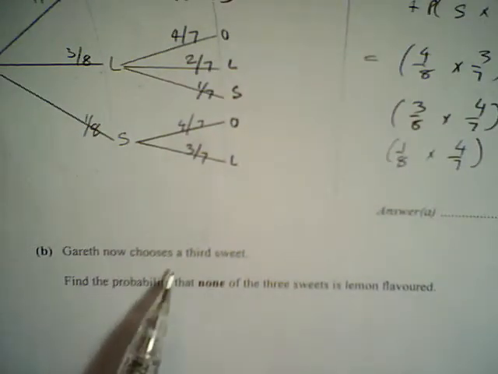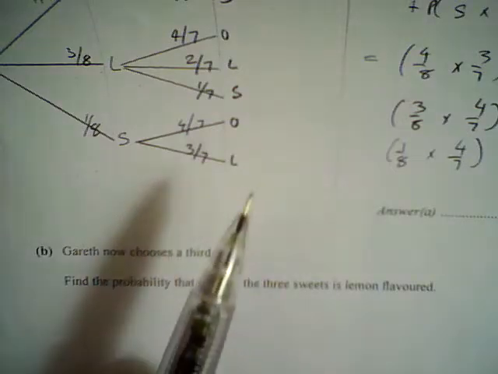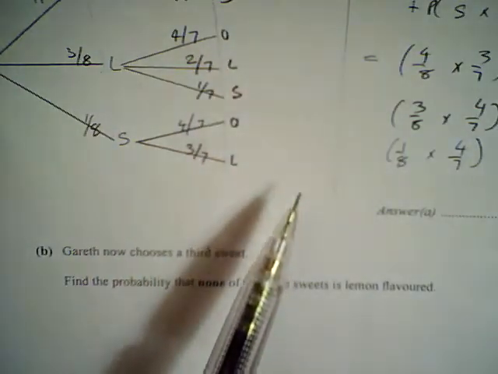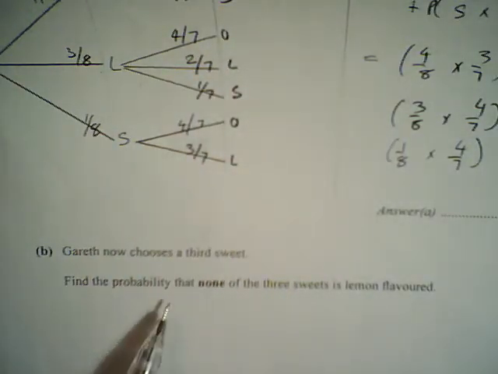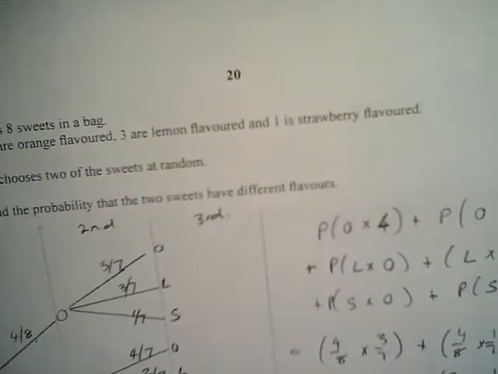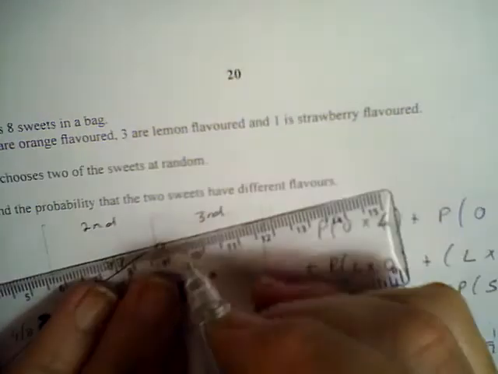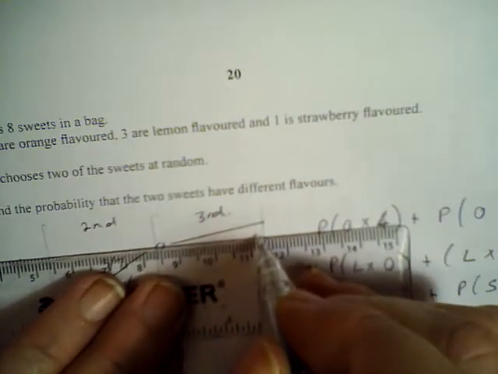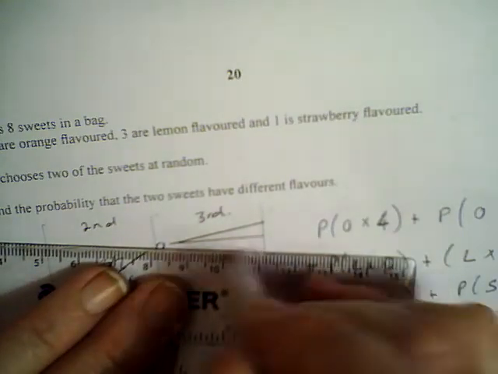So now Gareth chooses a third sweet. So that's why I made a space for a third column. Find the probability that none of the three sweets are lemon flavored. So let's quickly complete the diagram there.